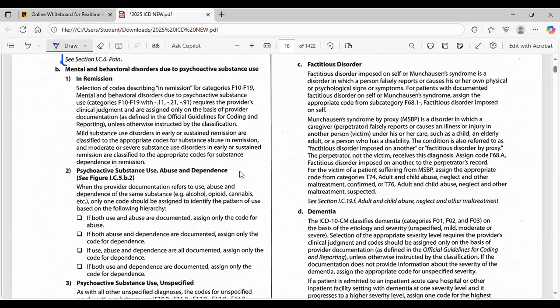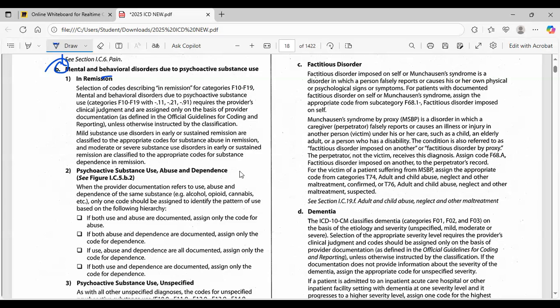Next, we have another guideline: mental and behavioral disorder due to psychoactive substance use. Psychoactive substances are alcohol, opioids, cannabis, tobacco.